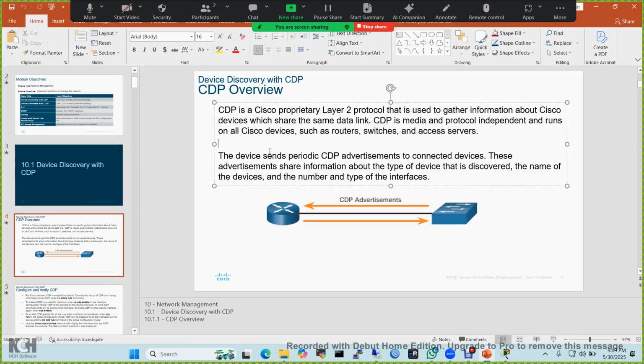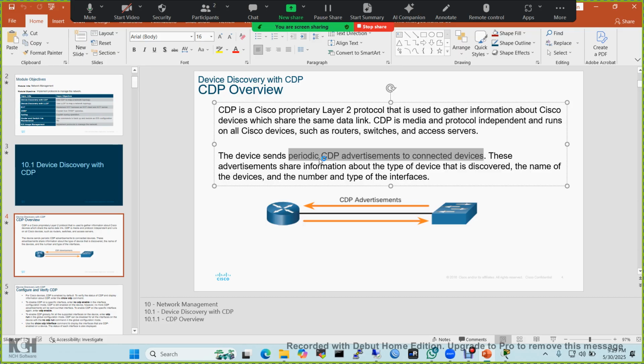Then the devices send periodic CDP advertisements to connected devices. What is the time of this periodic advertisement? Can you say? 180? No. The periodic update sends an advertisement after each 60 seconds.